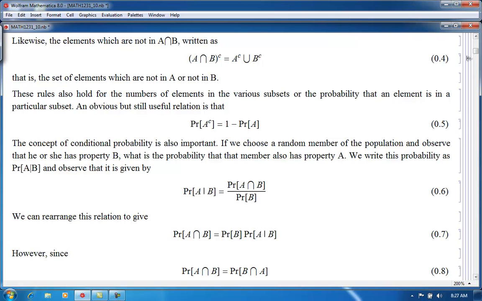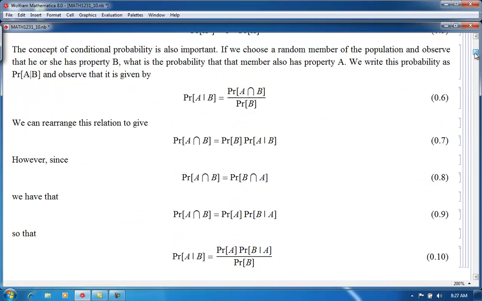And then the probability of A and B must be equal to the probability of B and A. And so we have an alternative expression for the probability of A and B. It's the probability of A times the probability of B given A. And we can arrange that to give this formula here. It's kind of hinted at in the notes, but this is where the formula comes from.